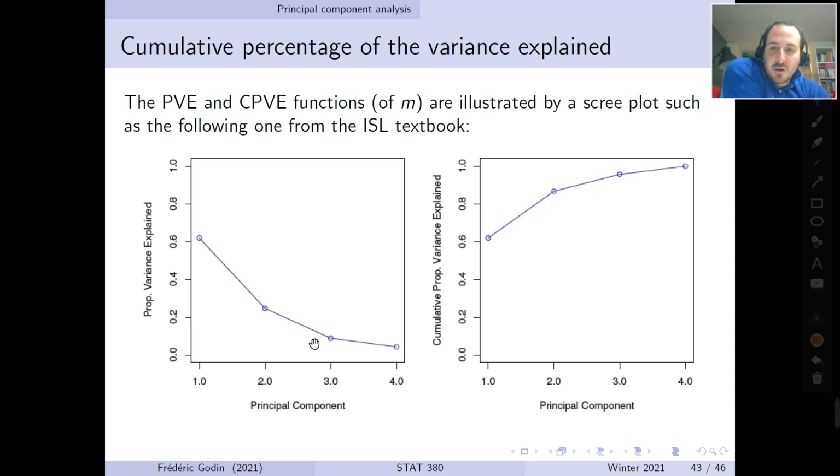So this is the marginal percentage of variance explained by the predictors. And if you calculate the cumulative one, well, the first one is 60%. For the second one, you sum the first two, so it's roughly 80%. And in that example, we have 4 predictors. So after 4 predictors, the percentage of variance explained by all predictors is 100%.